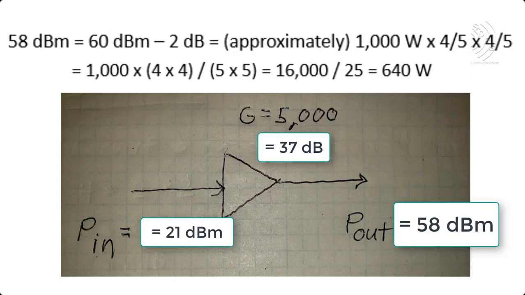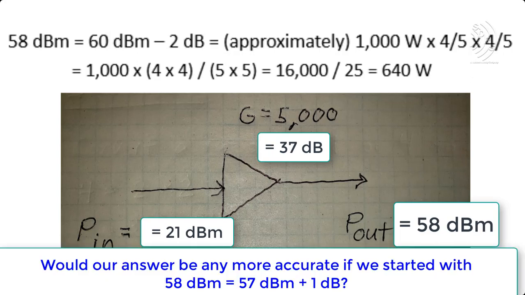And it's relatively straightforward to calculate that that is 640 watts. The actual answer is closer to 631 watts, and that's about a 1.4% error. The error in dB is also very small, at approximately 0.006 dB.